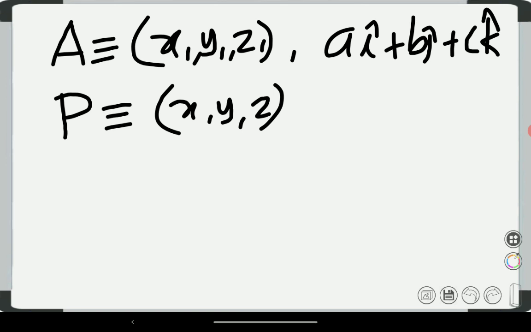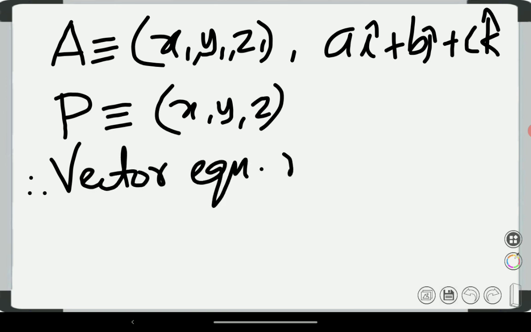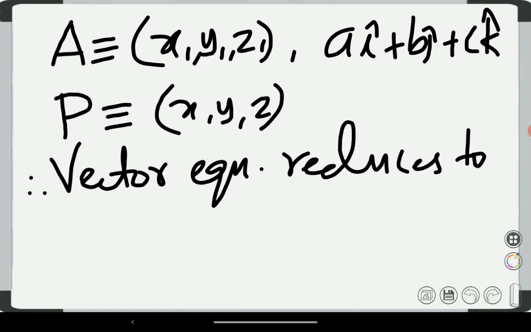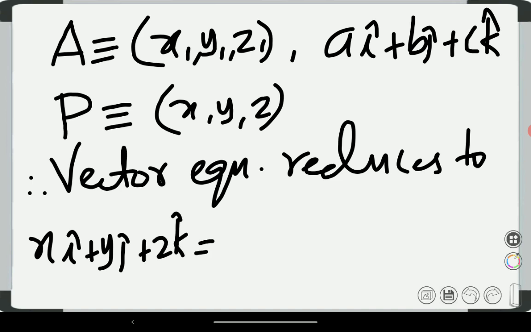Now we apply all these terms in the vector equation. Remember, the vector equation is r equals a plus lambda b. The vector equation reduces to: r vector means x i cap plus y j cap plus z k cap.